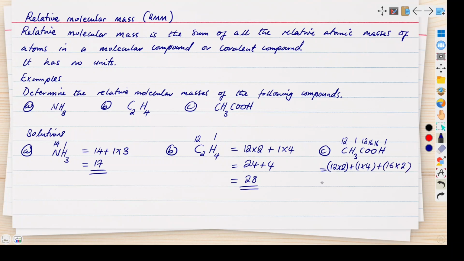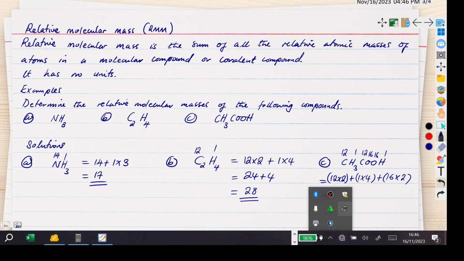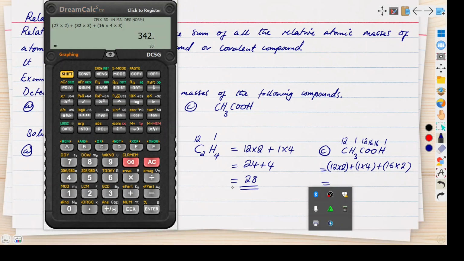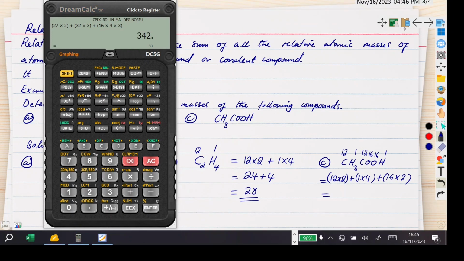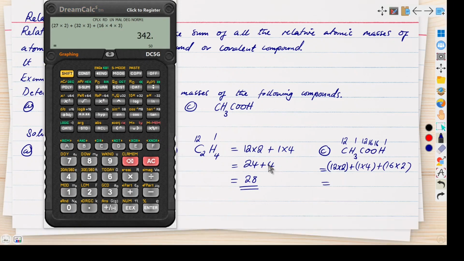Then we'll do the evaluation quickly. Let me just use a calculator so that I don't waste much time.